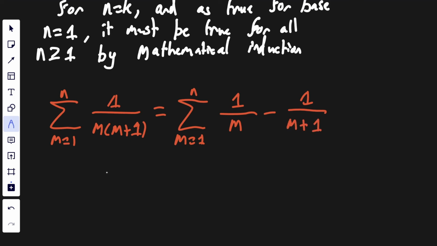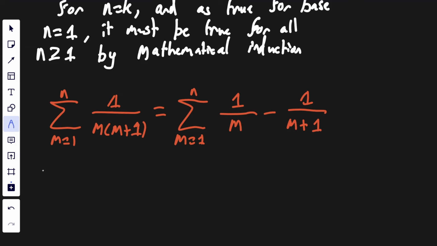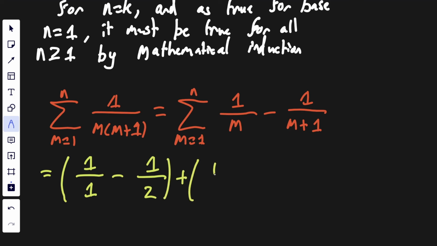Like this. Now, if I write out all of these terms, we're going to be able to see some cancellations. So when m equals 1, we have 1 over 1 minus 1 over 2, plus, now when m is 2, we have 1 over 2 minus 1 over 3.